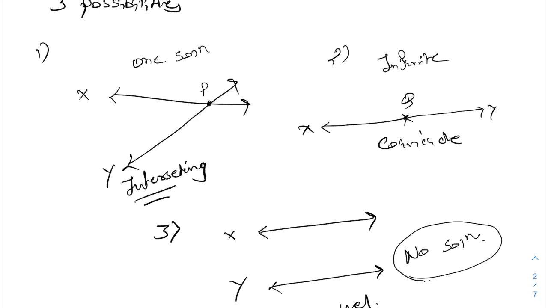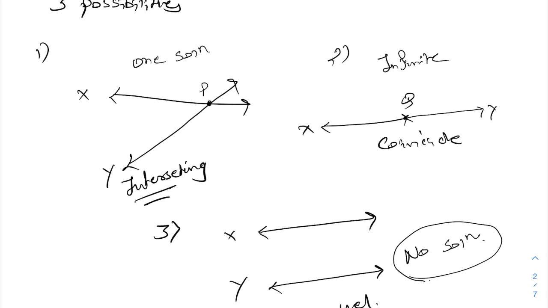Then, knowing the nature of the graph, we can decide how many solutions are possible. If the two lines intersect, only one solution is possible. If they coincide, infinite solutions are possible. But when they run parallel, no solution is possible.